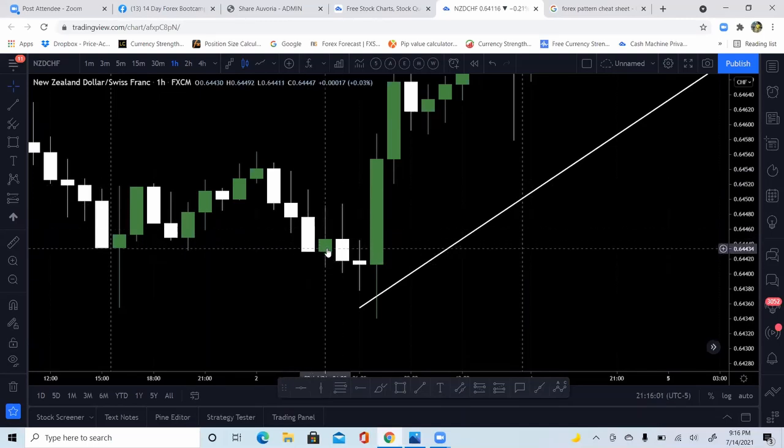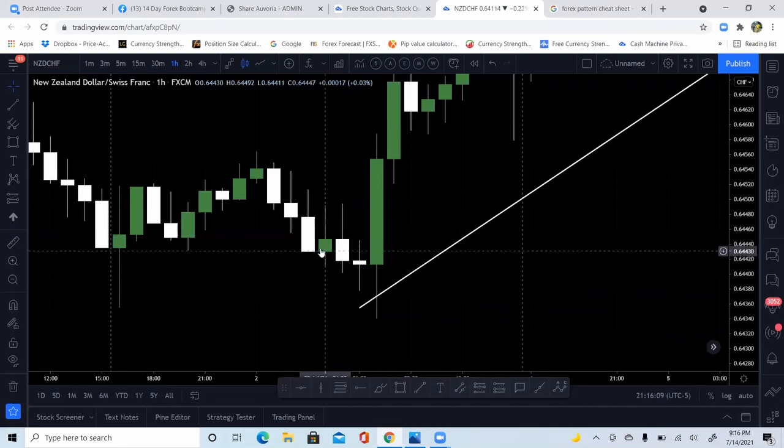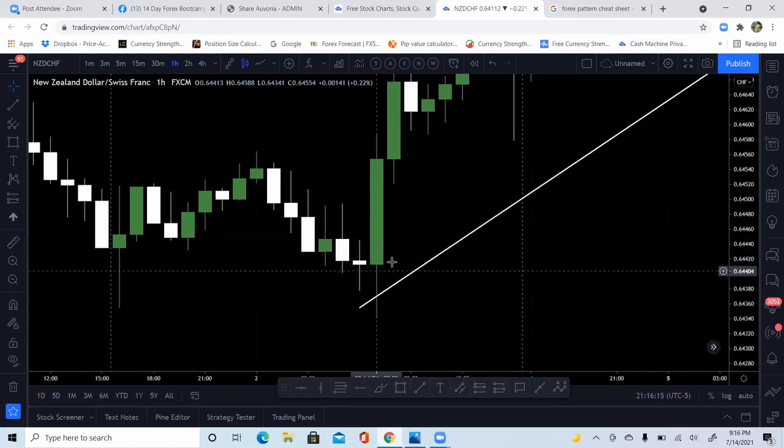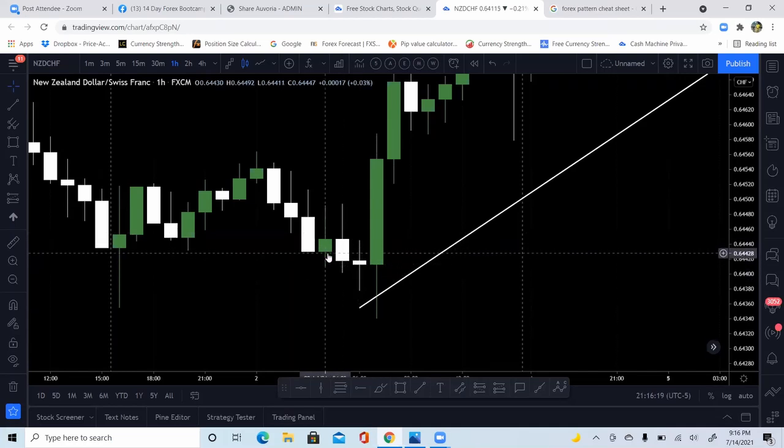So what do you see here? You see a doji. The only reason it's not an inverted hammer is because you see that there's this wick at the bottom. So you see a doji here. This one's more of an inverted hammer because it's a smaller wick.